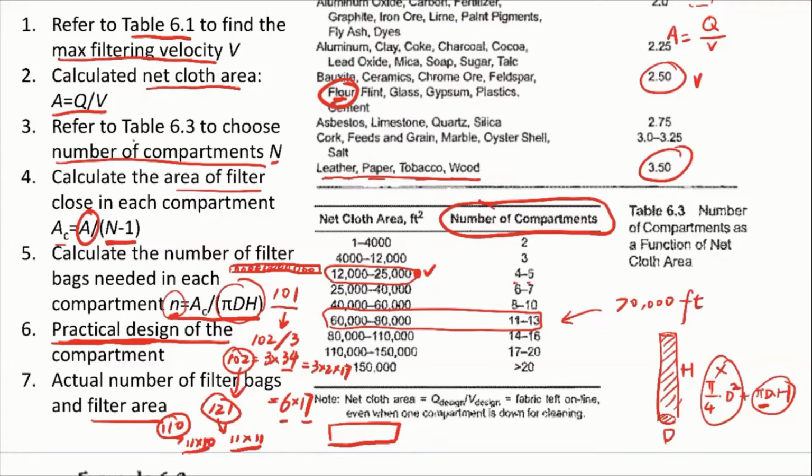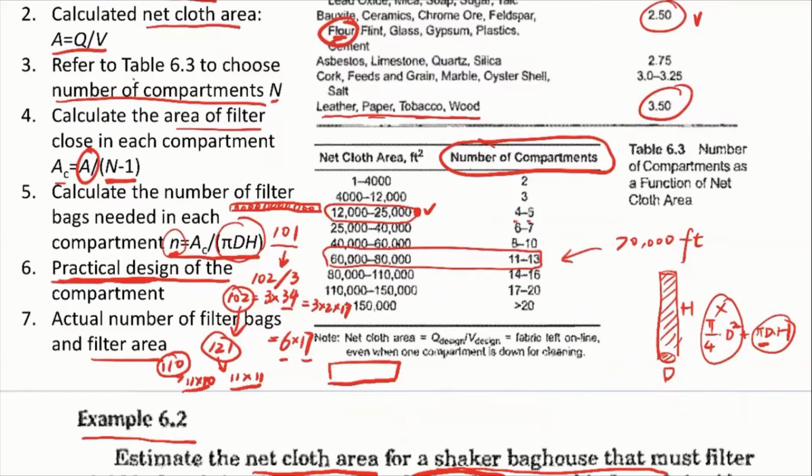You may think that building fewer compartments might save some money in terms of capital cost, but it turns out that if you use a smaller number of compartments, you have to purchase more filter material. Basically, the cloth area will increase. So that's why it doesn't matter which number you choose.